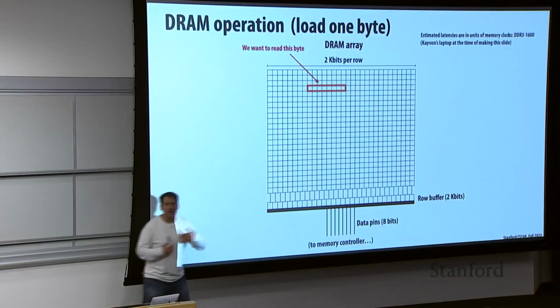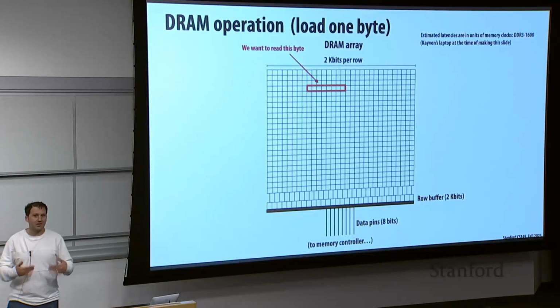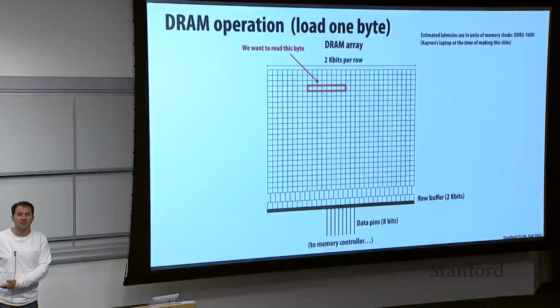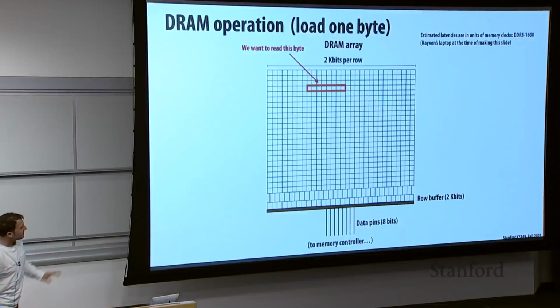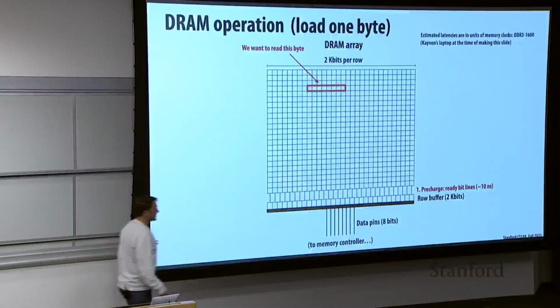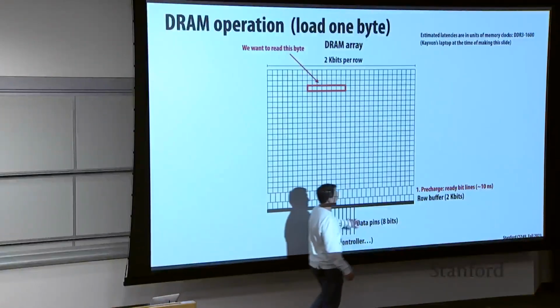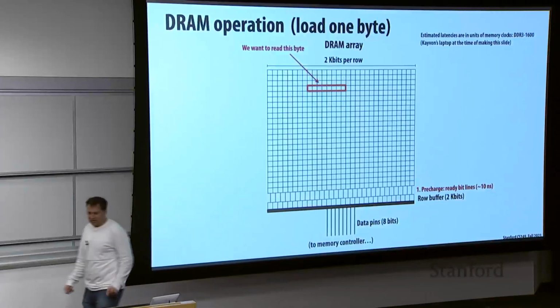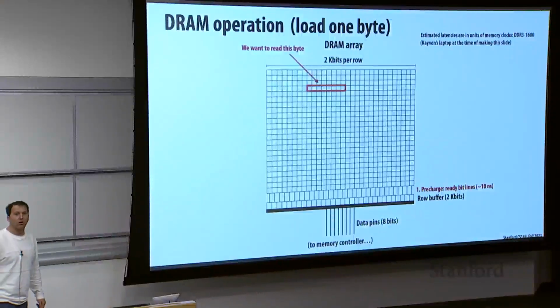There are a number of steps to do this, basically to convert this voltage, this charge stored in these capacitors, into digital ones and zeros. The first step in DRAM terminology is called pre-charge, which is getting ready to read a particular row.